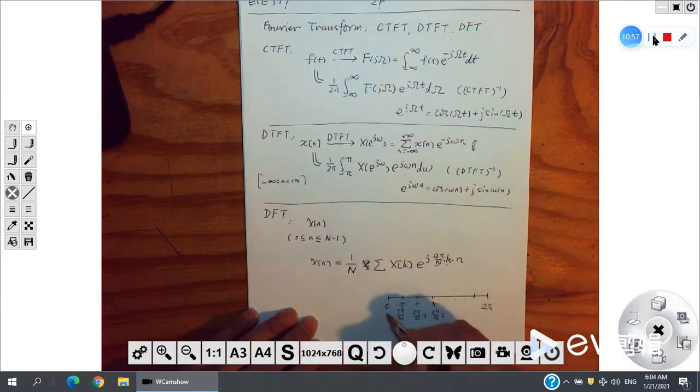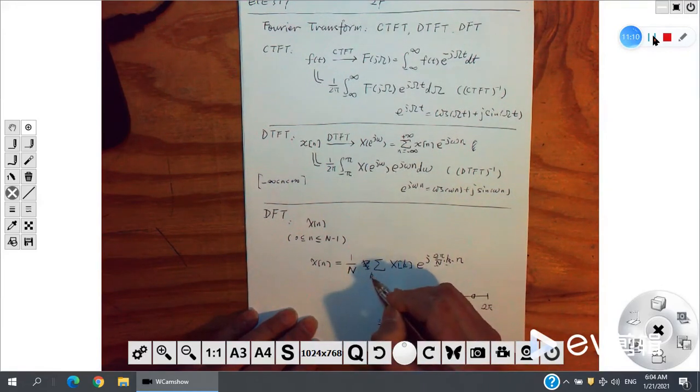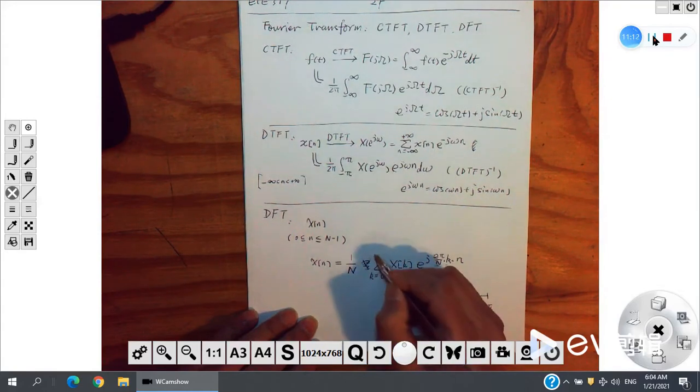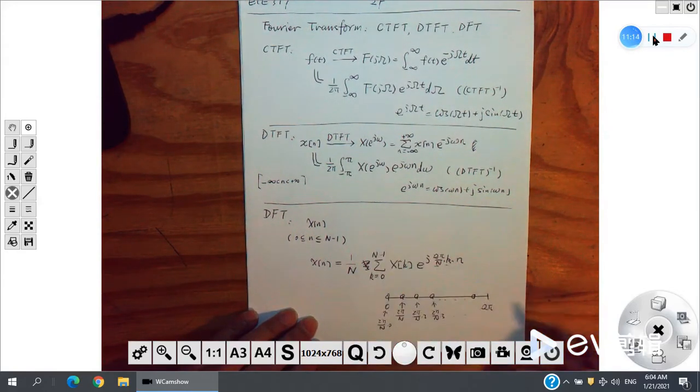And this one is just 2 pi over n times 0, right? It is 0. So we choose this point, this point, this point, until this point. So this is k. k runs from 0 to n minus 1. Right? 0, 1, 2 until this is 2 pi over n times n minus 1.